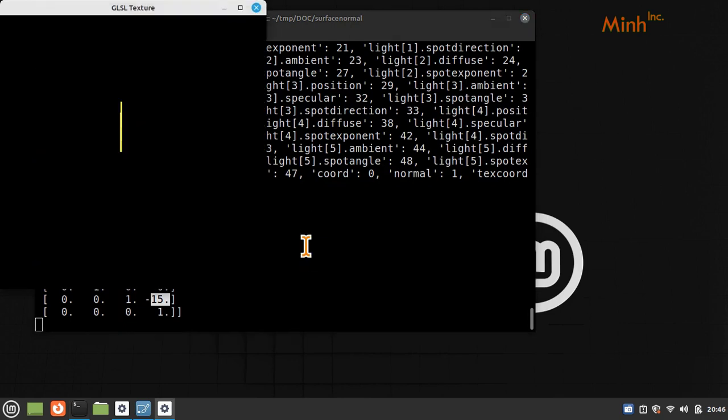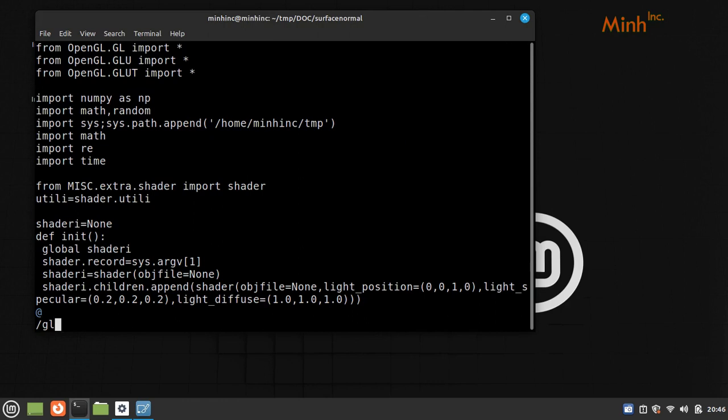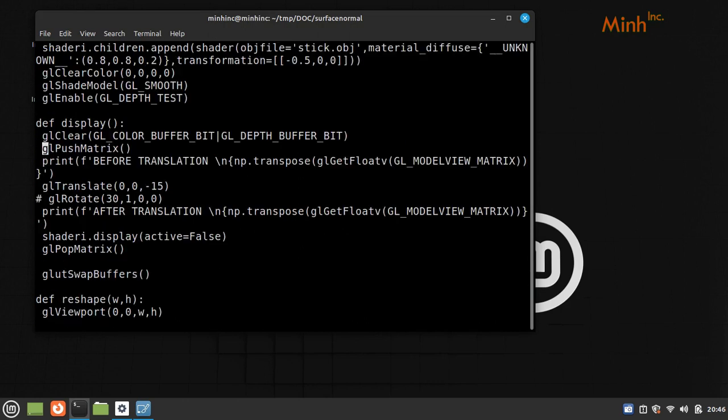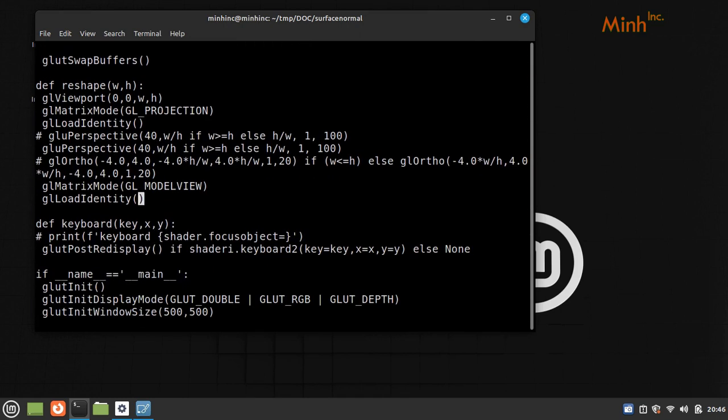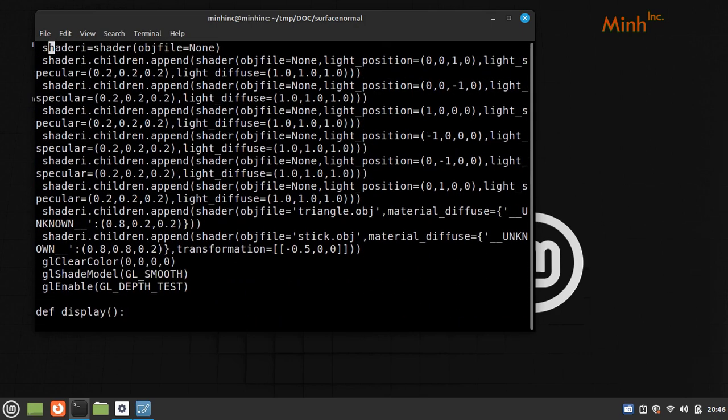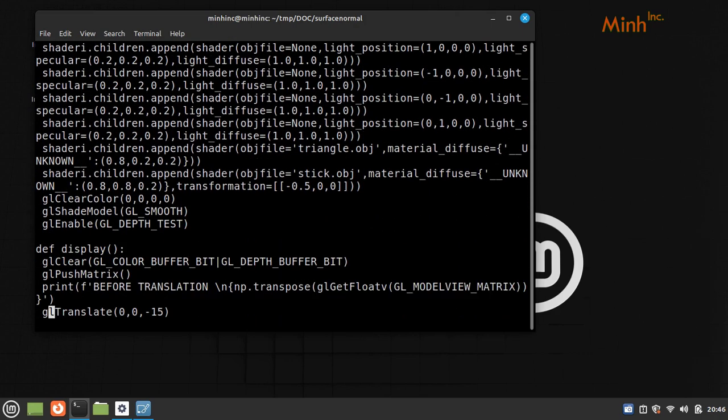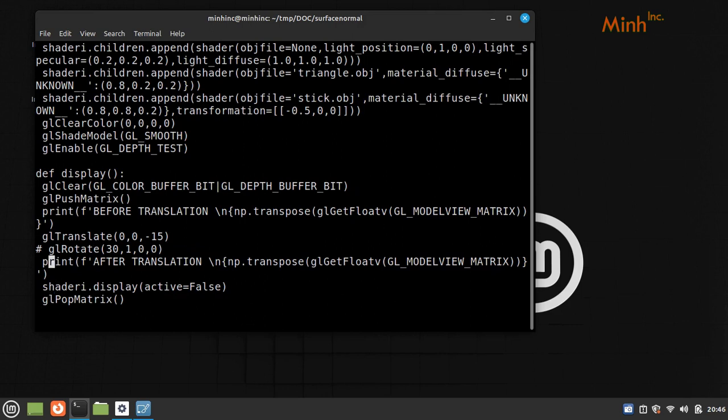Now I'll see the code. So when it enters, first thing we do is minus 15, like in this reshape. Whenever it is reshaping, we are loading the model view, setting it to identity. So it's the identity matrix. And in the identity matrix, now we are translating by minus 15.